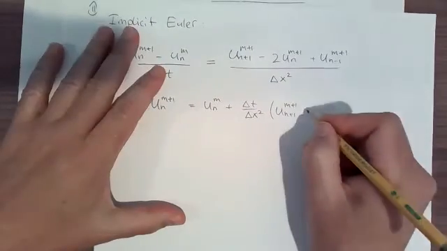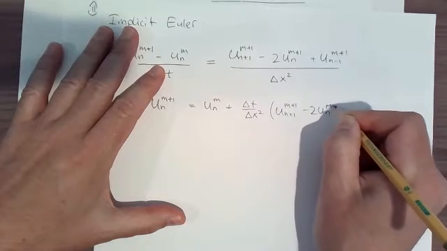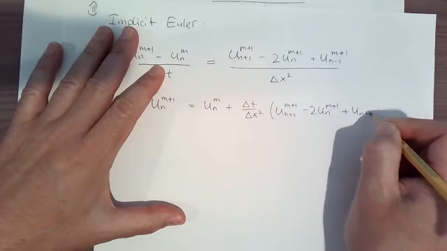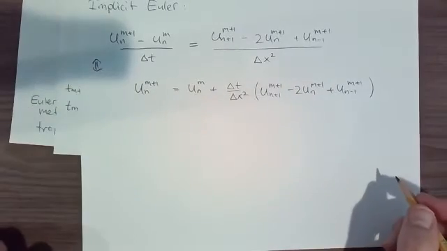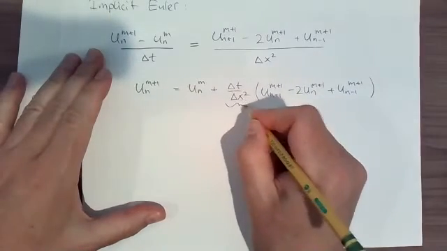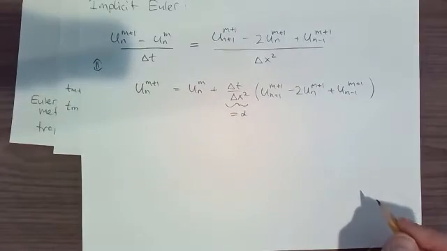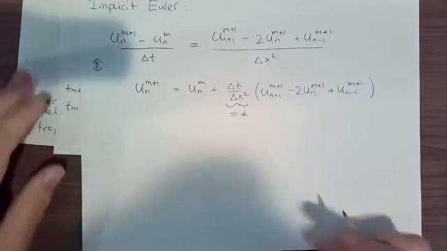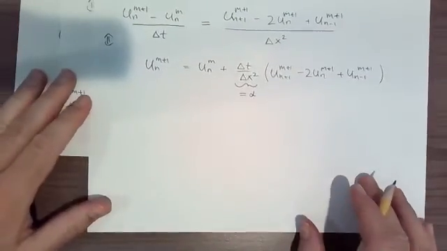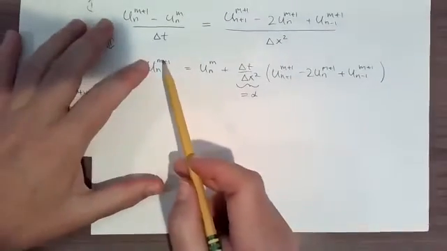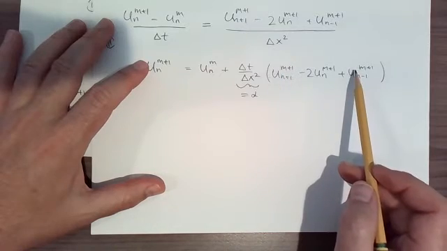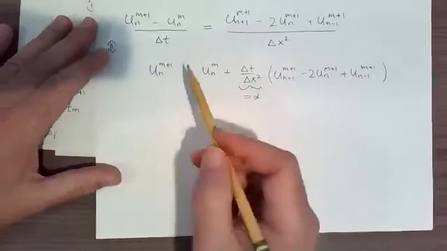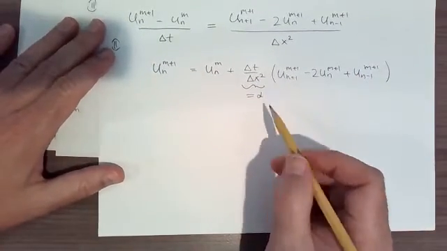So that was u_{n+1}^{m+1} minus 2 u_n^{m+1} plus u_{n-1}^{m+1}. And again, as before, this here is my alpha. But you see now it's more complicated because I have m plus 1 everywhere over here. So I can move stuff to the left-hand side.